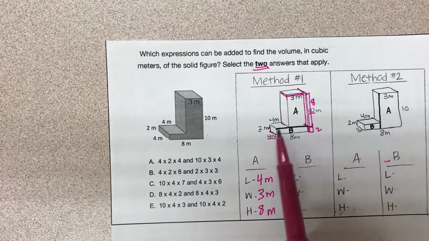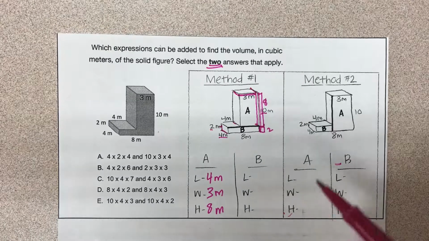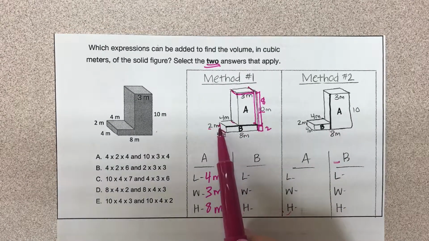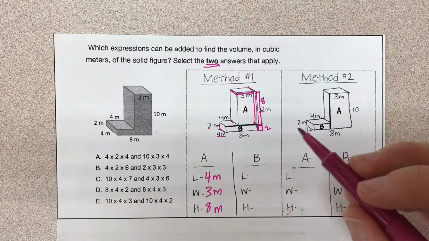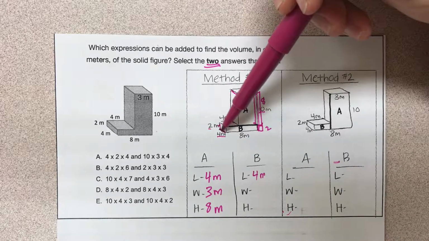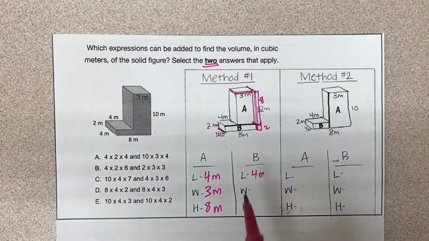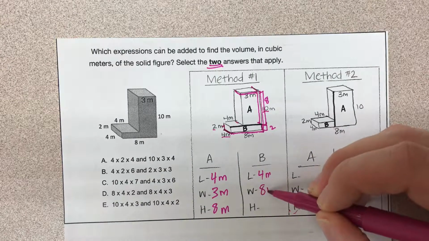So for figure B, this is the smaller section at the bottom here. Our length is going to be, going back here, 4 meters, the same as the length of A. We can see that because the length of B is right here and it's labeled as 4 meters. Our width is going across this way, so that is 8 meters.